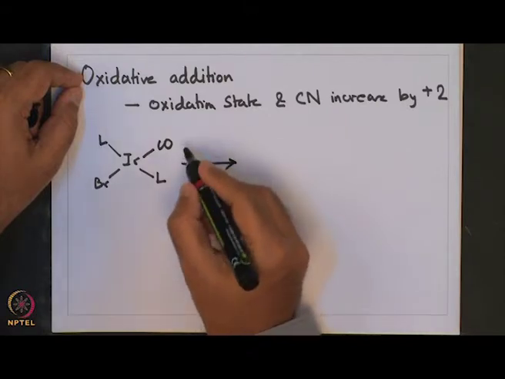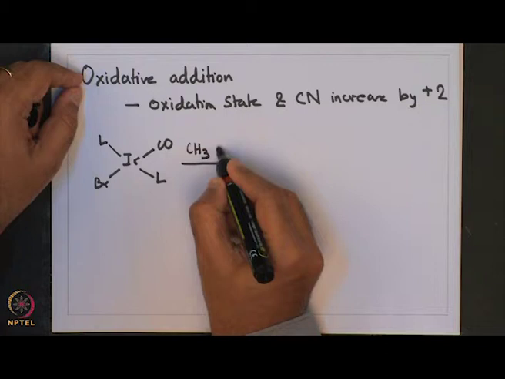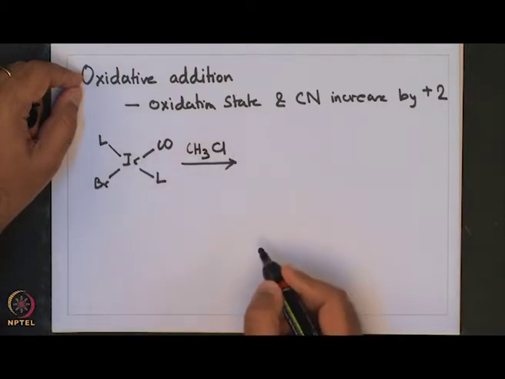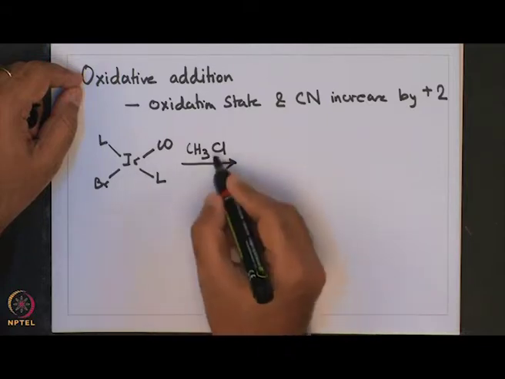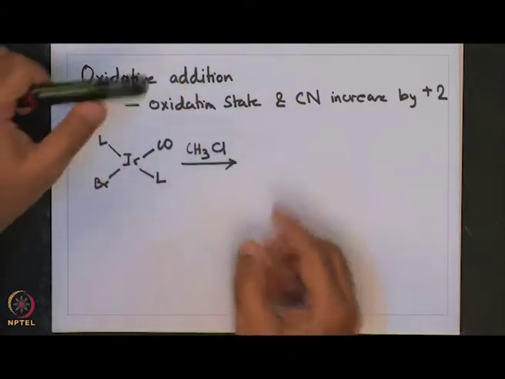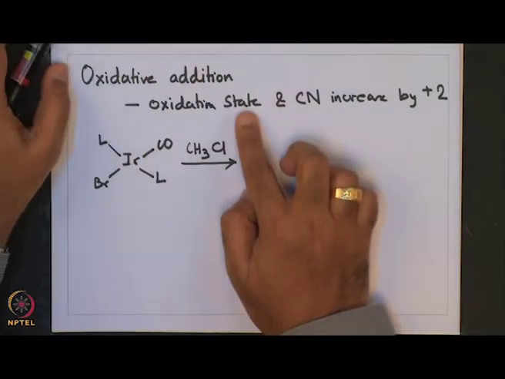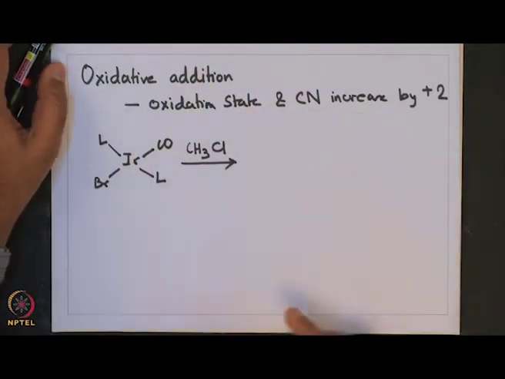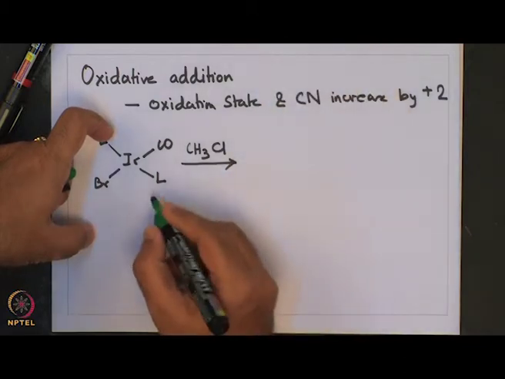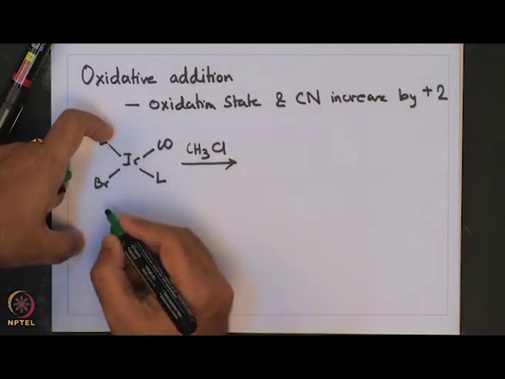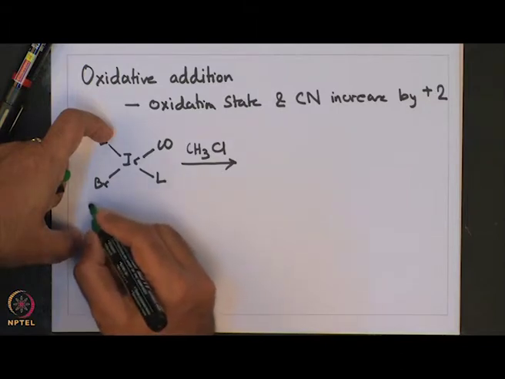Which reacts with methyl chloride. Now, for a metal complex to undergo oxidative addition in which the oxidation state as well as the coordination number increases by 2, the criterion is that the complex should be electronically as well as coordinatively unsaturated.